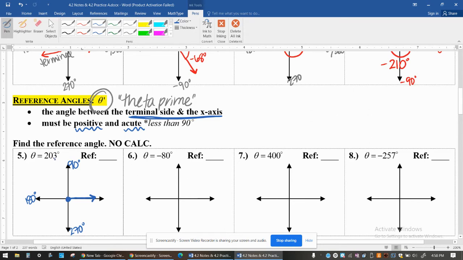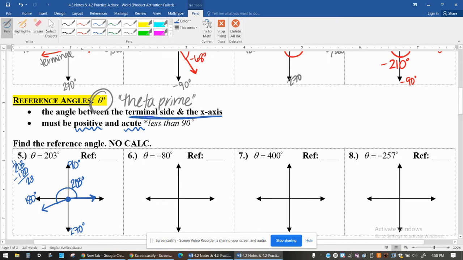From 270, 203 is farther than from 180. So I do 203 minus 180, borrow, and then that's 3. So that's 23 degrees. Notice this is all no calculator. So about 23 degrees past the 180 mark. That's my normal angle. That's the 203 degrees.